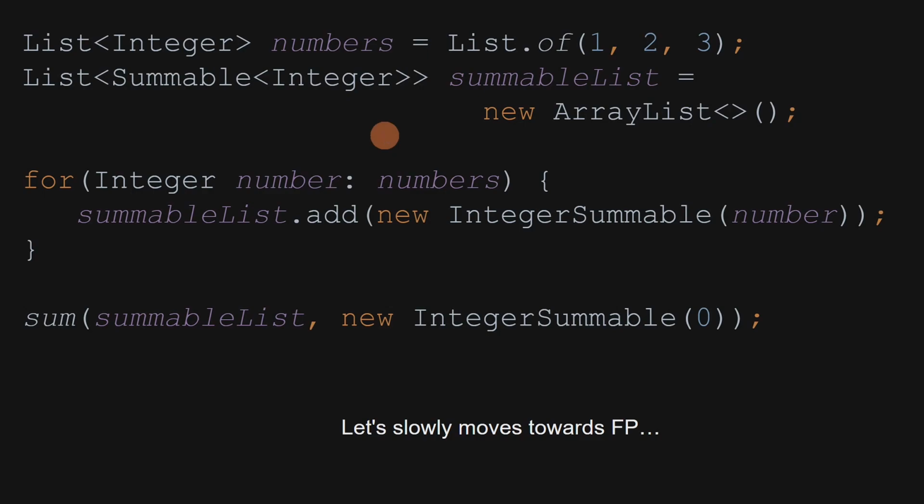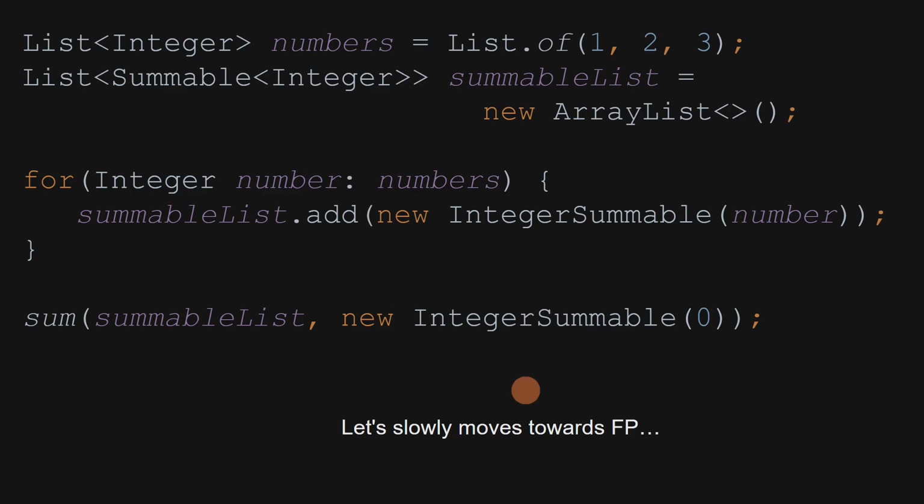So I will use the good old object orientation, and go through each element of this list and add it to a new list that's a list of Summables of Integer by basically wrapping it into an IntegerSummable. Now I have a list of IntegerSummables. Amazing. So let's call the sum again with your brand new Summable list.